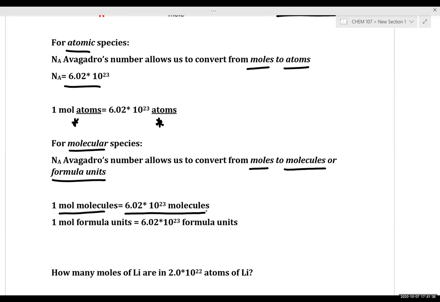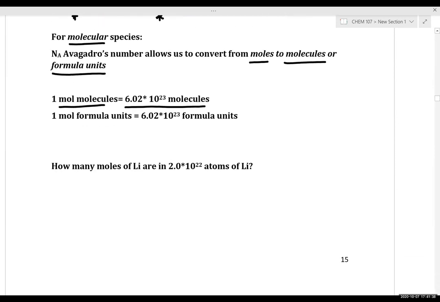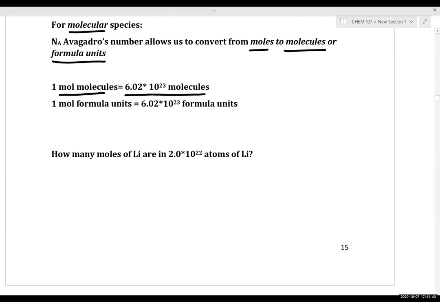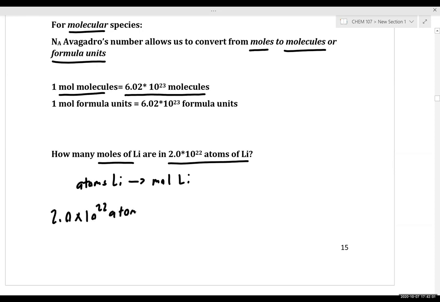Okay, so let's look at this in practice. So for example, we're asked how many moles of lithium are there in 2.0 times 10 to the 22nd atoms of lithium. So we're starting off with units of atoms of lithium, and we're trying to go to moles of lithium. So we have 2.0 times 10 to the 22nd atoms of lithium.